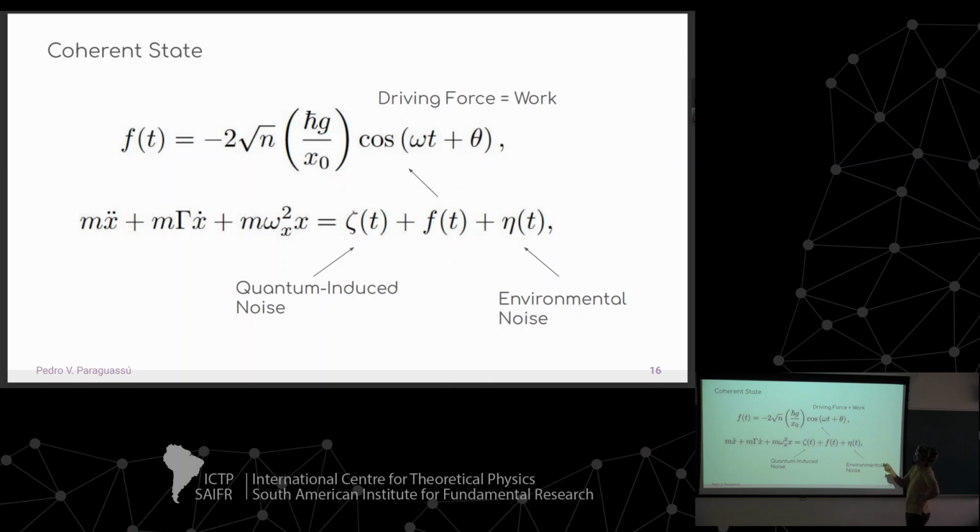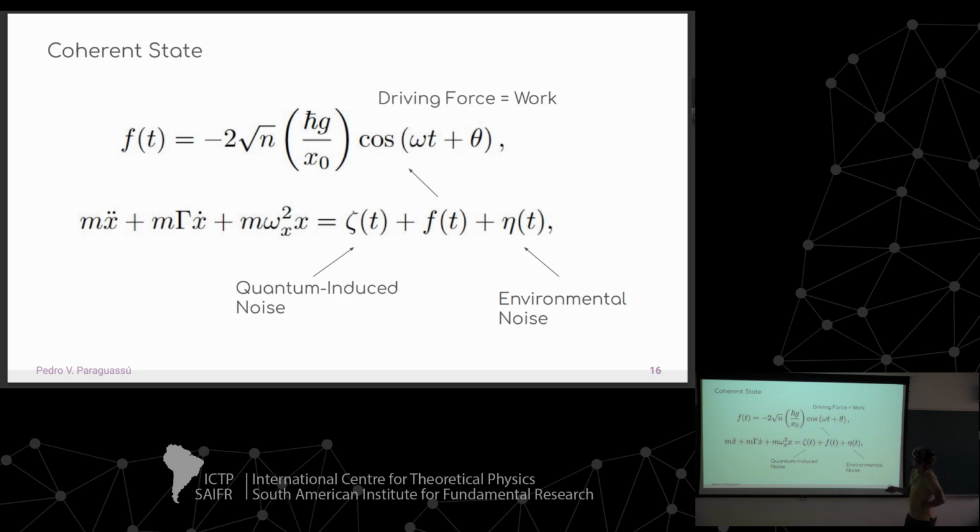Another case that we find is the coherent state. Besides the noise, we also have a deterministic force, so it becomes a driving, and the quantum system is now doing work.